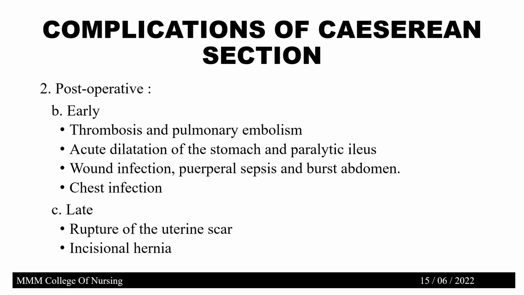Next is wound infection, which may be due to many reasons. Primarily, if the mother's personal hygiene is not maintained well, in most cases there will be wound infection in spite of giving good antibiotics and everything. And late complications are rupture of the uterine scar and incisional hernia.